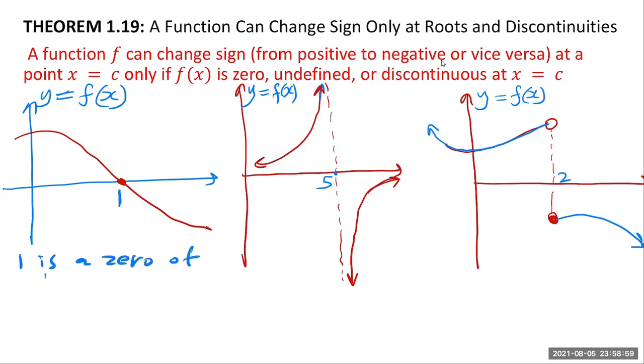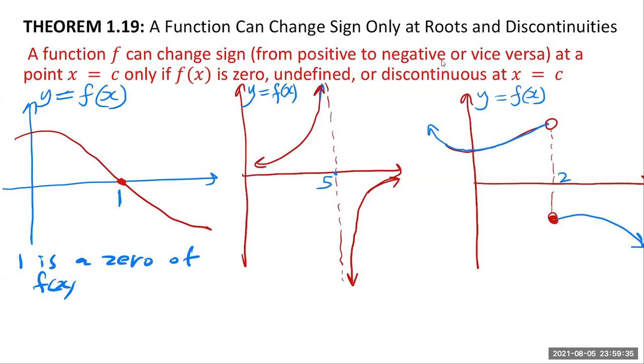At a 0, your function could change the sign. To the left of this number 1, your function values are positive. To the right of that number 1, your function values are negative. If you take an x value somewhere here, your y value is negative. As you can see, your function changes the sign at this 0. So a function could change the sign at a 0.